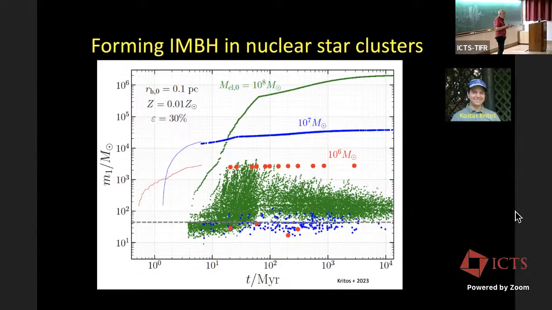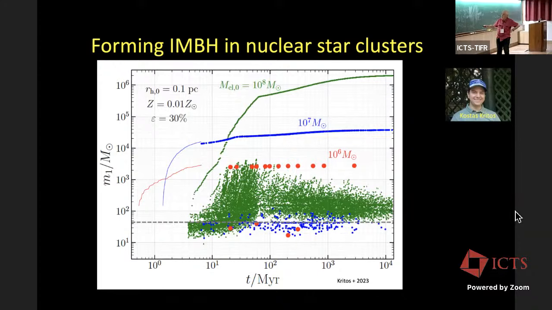Along the way, you do kick some of the smaller black holes out from these mergers. So you end up typically in the most massive, the most compact nuclear star clusters with one big black hole and lots of very small ones left over from the beginning, gravitationally bound in the nuclear star cluster. This shows you 3 examples of Kostas' simulations for nuclear star clusters that range between 100 million and 1 million solar masses.